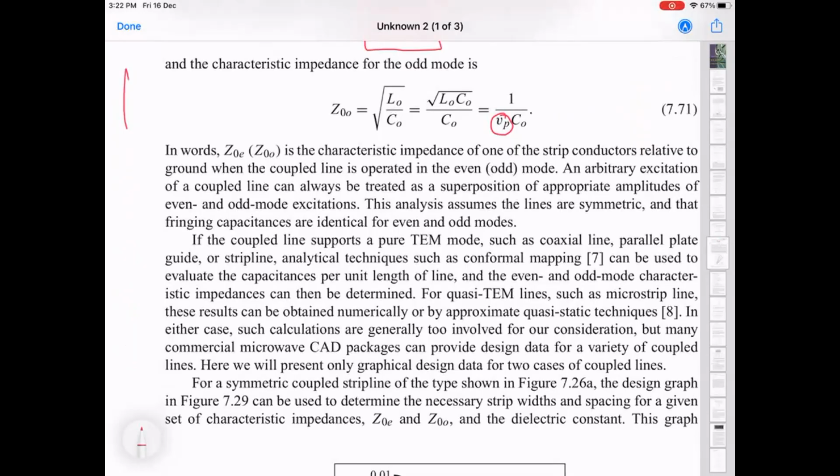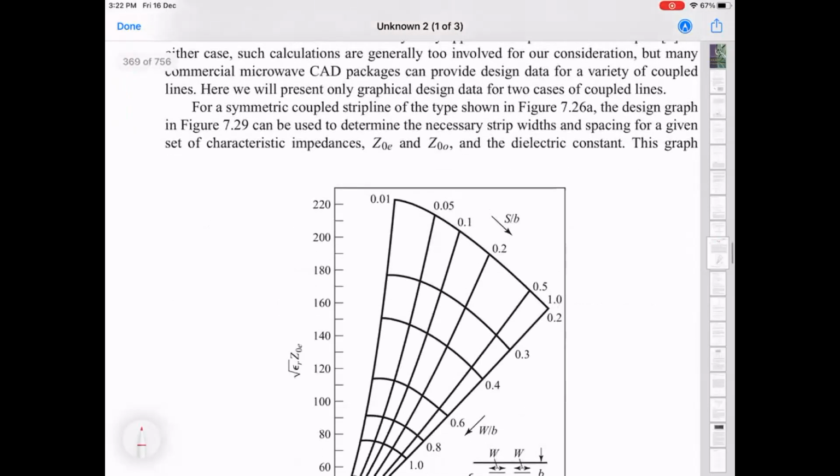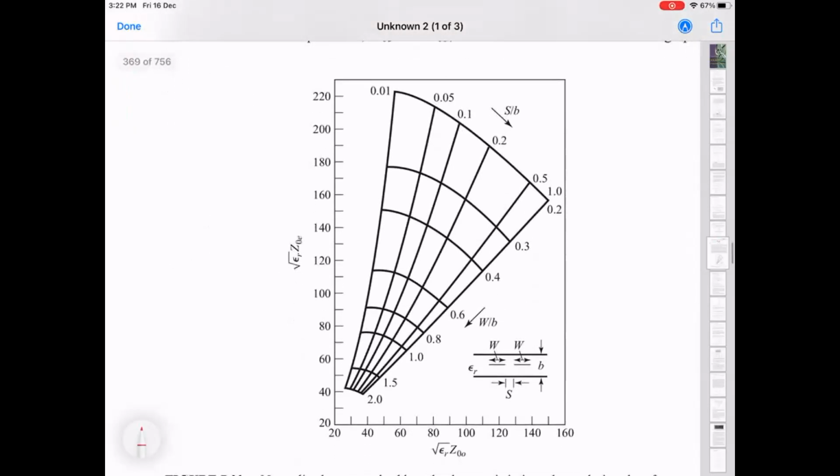So in general, there is no simple analytical way of calculating the combined characteristic impedance. You just have to either do some approximations or use a full finite element simulation. These days, this is pretty straightforward. But in Pozar, they give you this kind of chart, which is, of course, calculated numerically or through some quasi-analytical formula, to help you design coupled transmission lines with different characteristic impedances.